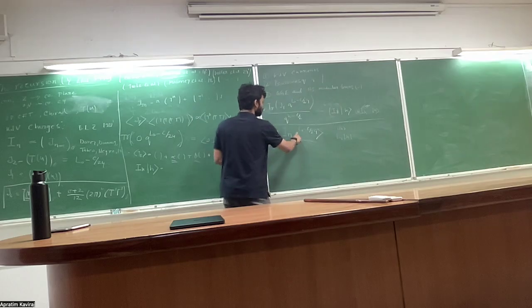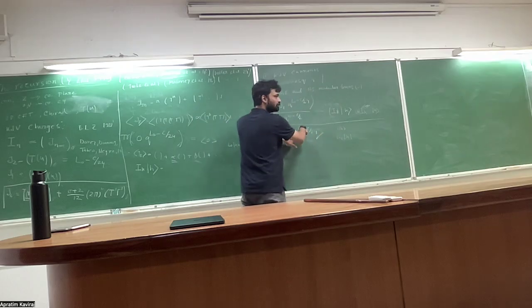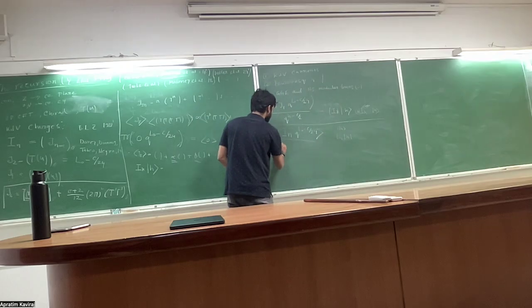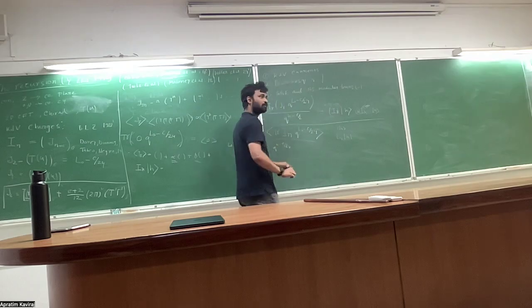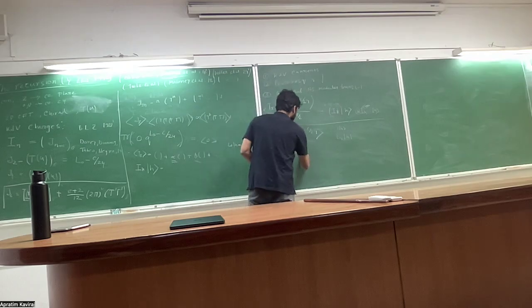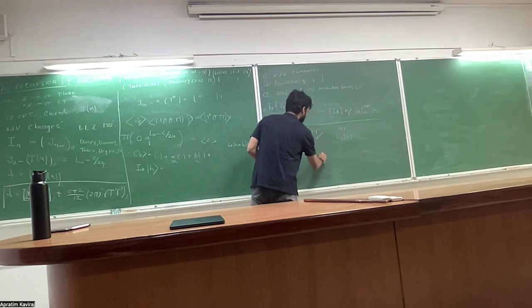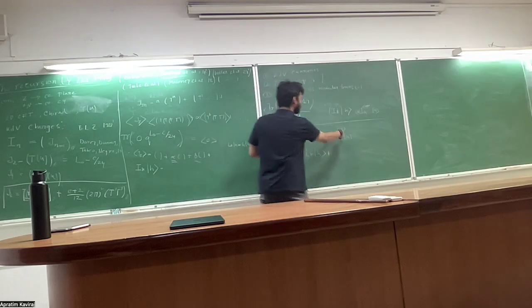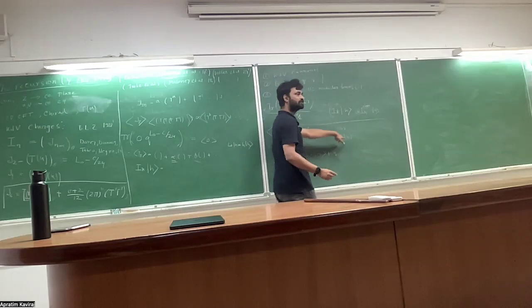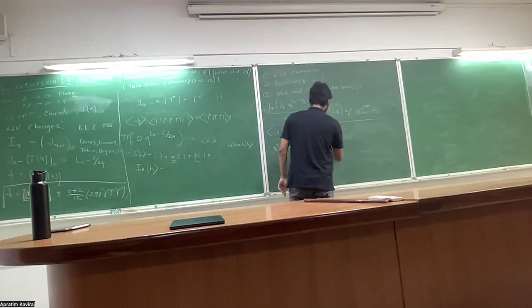you get q to the power h, q to the power h minus c by 24, and then you should get h. The other terms acting on this will pick up a factor, because this is the result, so I should get L0.